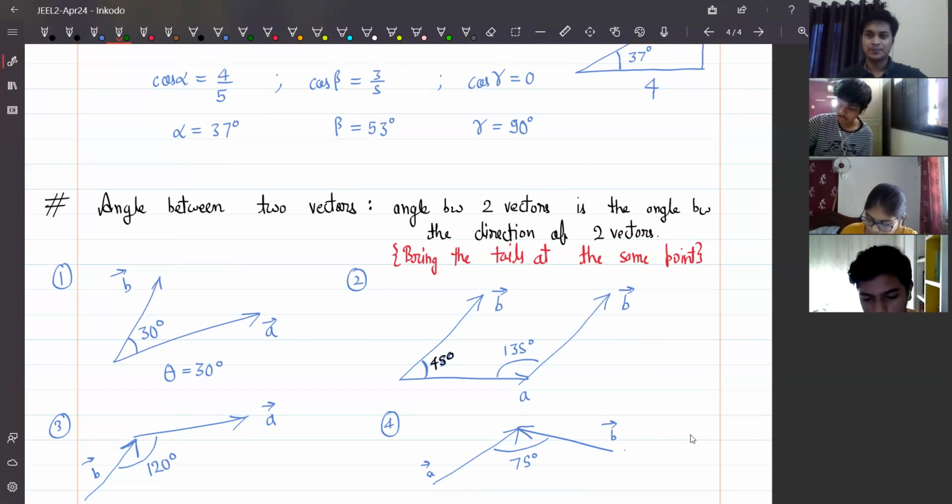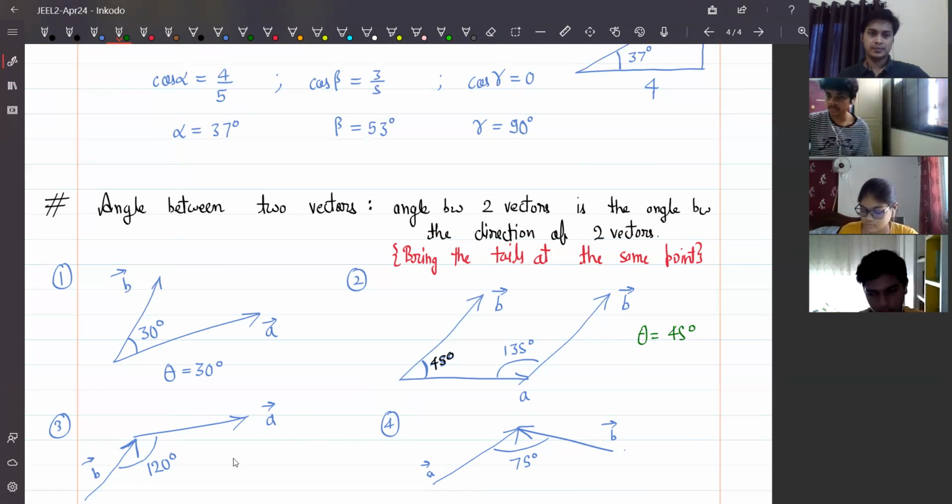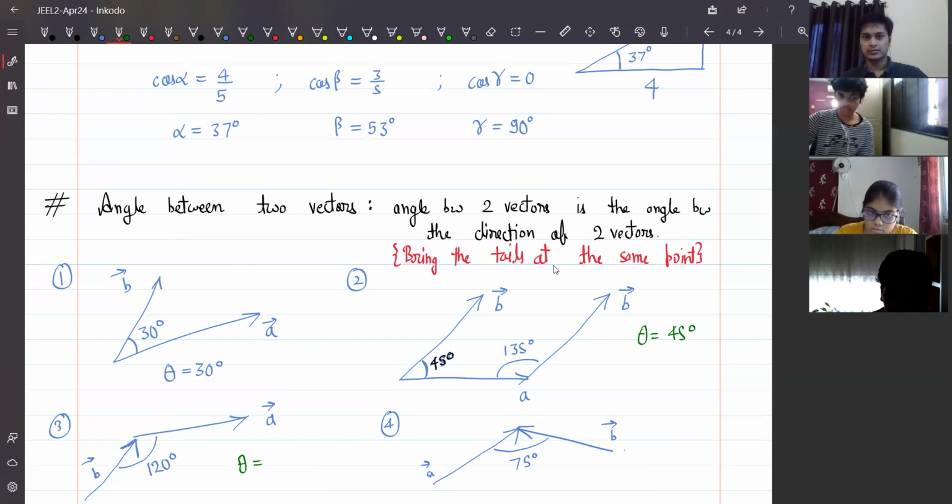That's better. Okay. Tell me, Kushagra, for question number 3, what is the angle between A vector and B vector? The angle between A vector and B vector is 120 degrees, right? No. See, you have to bring the tails at the same point. To bring the tail at the same point, you can move the vectors freely.